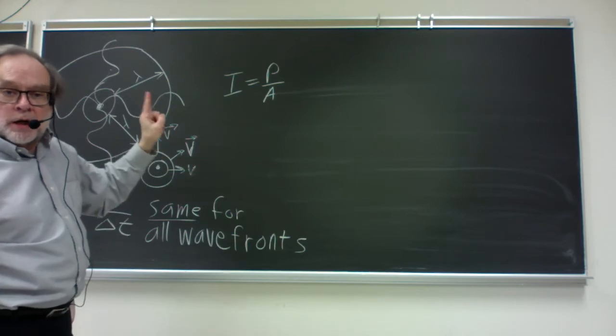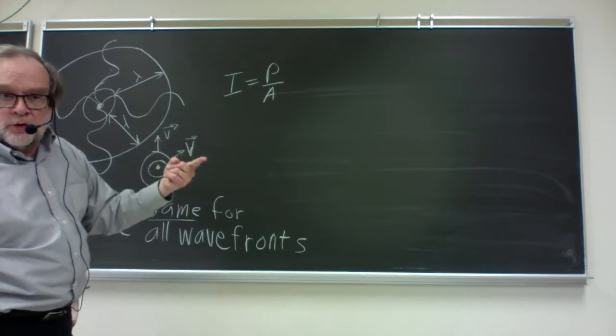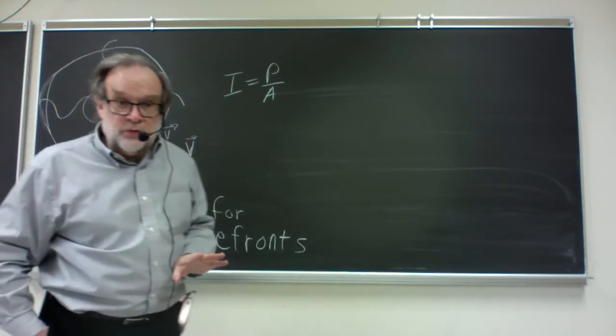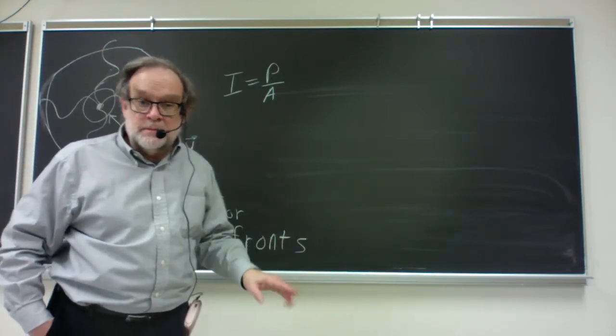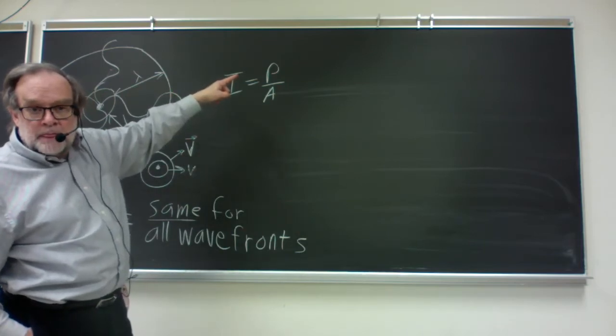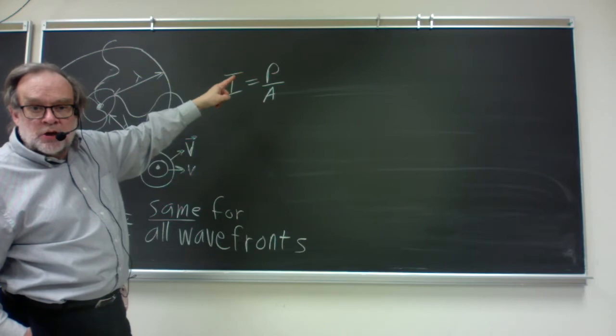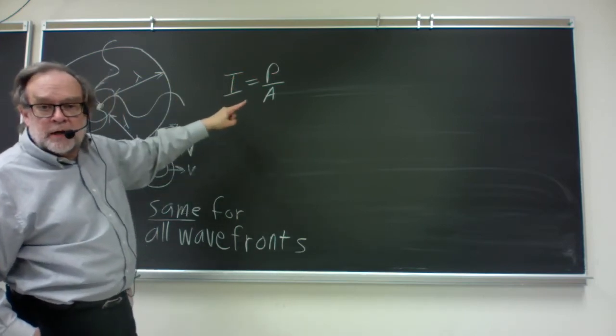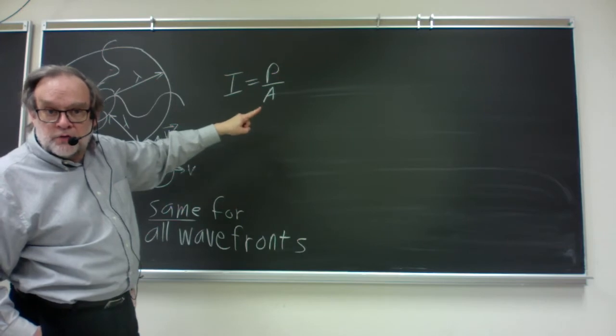But another important number for thinking about energy in a wave, intensity, is different at different distances. Intensity is just power passing through some surface or landing on some surface divided by the area of that surface.